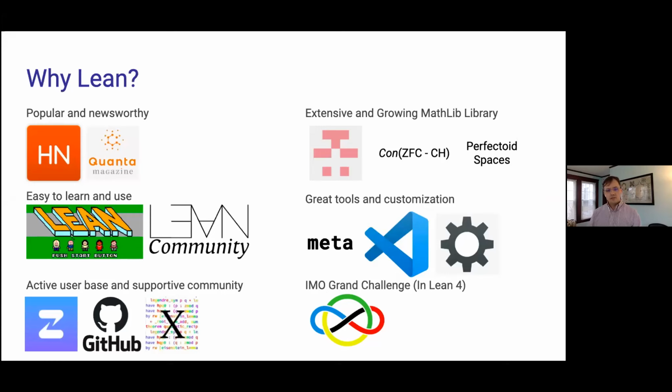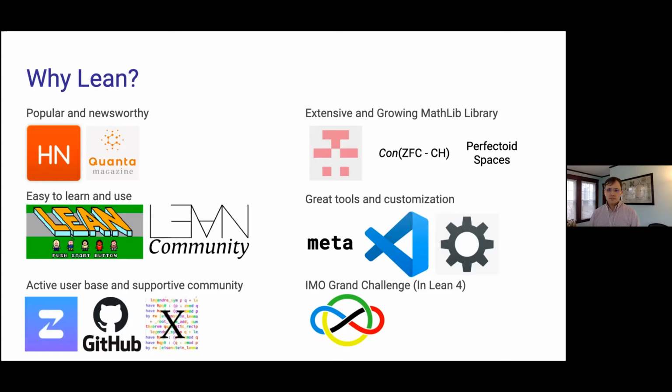It has a lot of resources to help you learn it. One fun one is something called the natural number game, but lots of tutorials as well. It has a pretty active user base, and a lot of us like to discuss Lean on a chat forum called Zulip, which makes it very nice to just be able to talk to people about your questions.